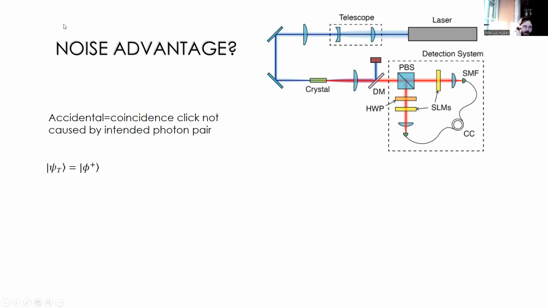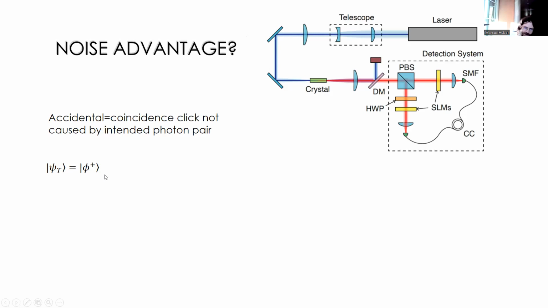One of the most easily intuitive claims is that of noise advantage. So let's imagine I have an experiment, a typical quantum optical setup, and let's say I create some entangled photon pair in a degree of freedom which is intrinsically high dimensional, for instance momentum, frequency, time bin, whatever.